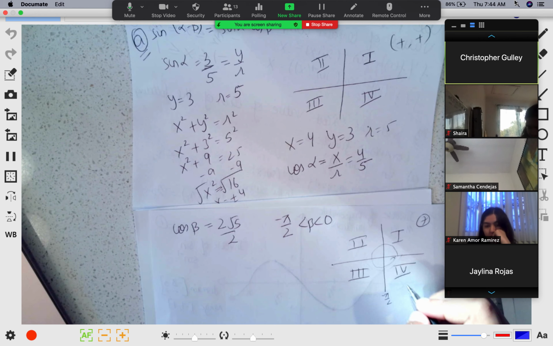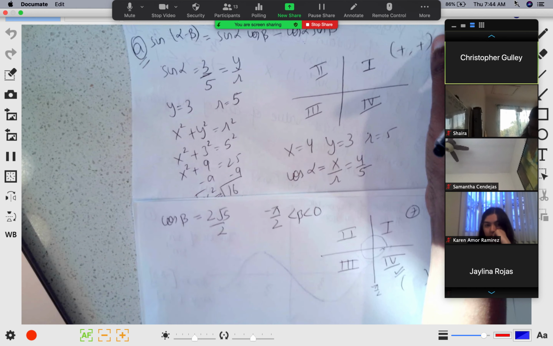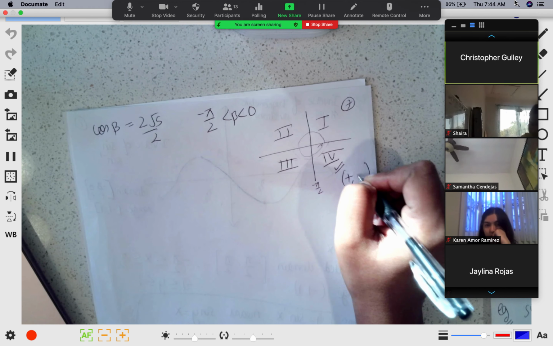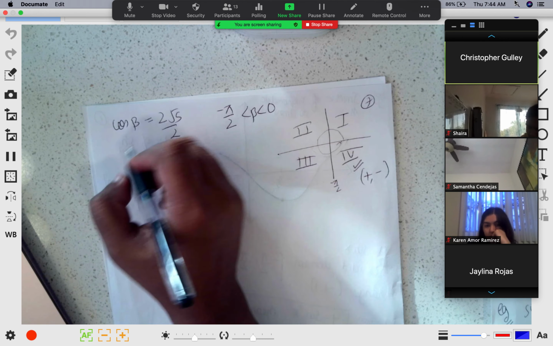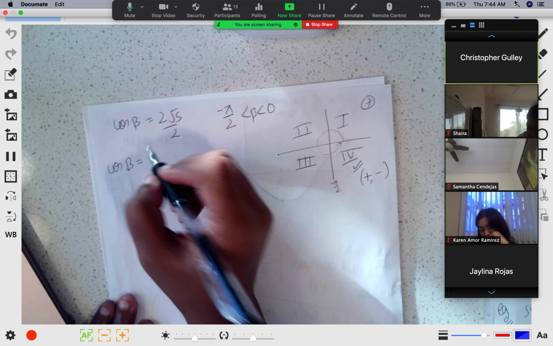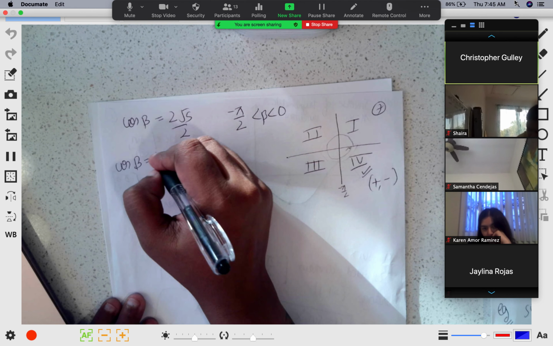And what happens to the x and y values in the 4th quadrant? X is positive, y is negative. Exactly. So what's the formula for cosine? Cosine is x over r. So your x is what?